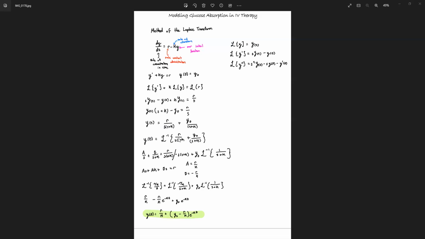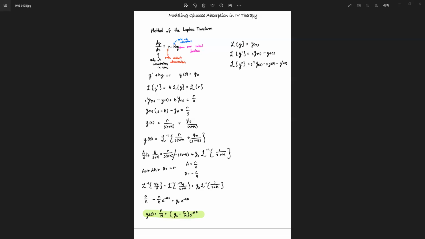From here, we can use the linearity of the inverse Laplace transform and then partial fraction decomposition for r over s times (s plus k). My apologies. From this, we are yielded with A over s plus B over s plus k equals r over s times (s plus k).